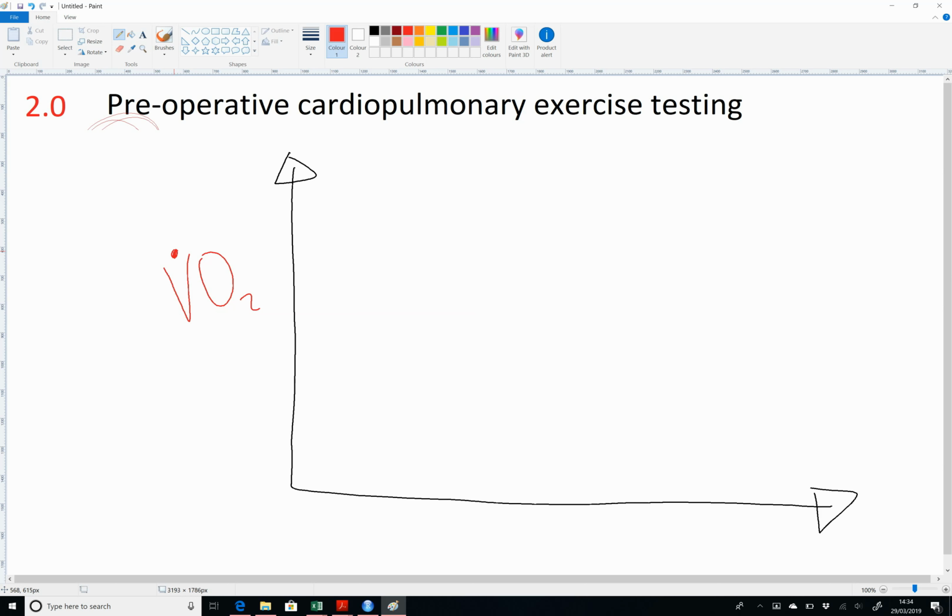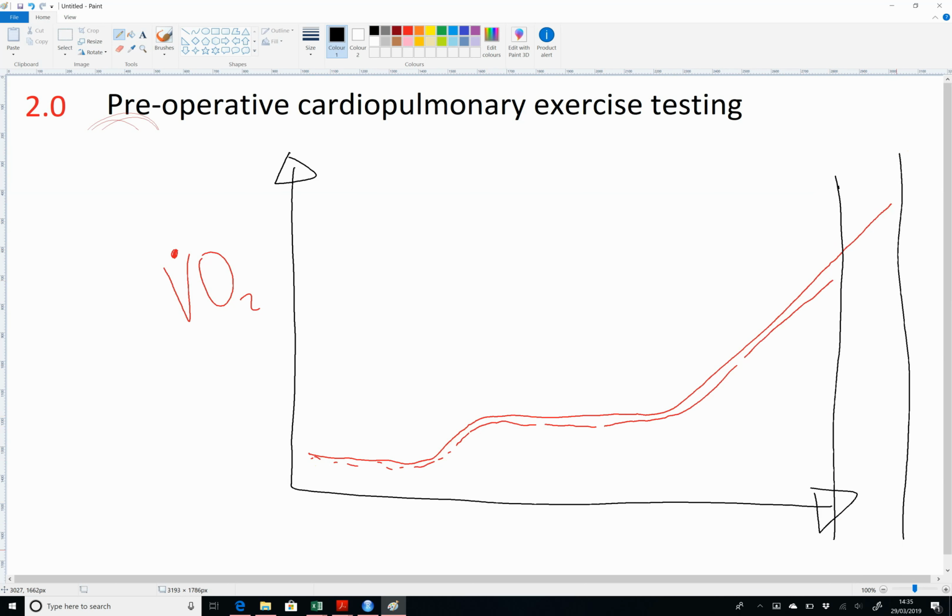So let's just draw out the pattern of oxygen consumption in somebody who's just less fit. So first of all, we'll draw out the pattern of somebody with a normal fitness. And then we'll draw a pattern of somebody who's less fit. Now, if we've used the same power slope, the unfit person is going to stop before the fit person.